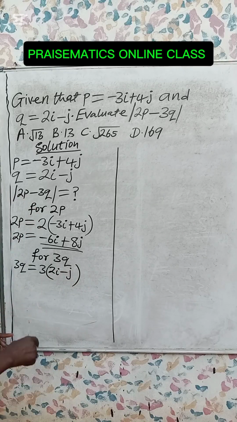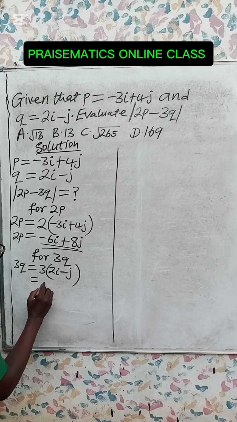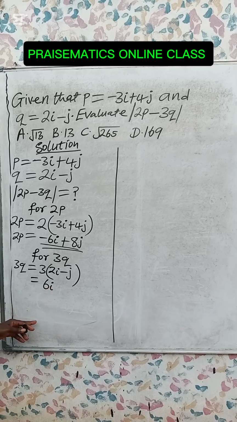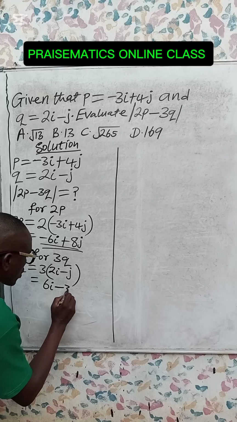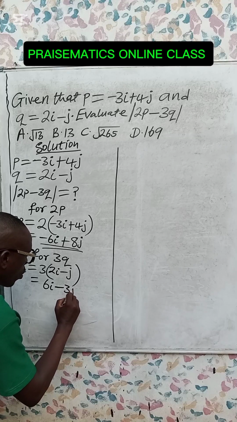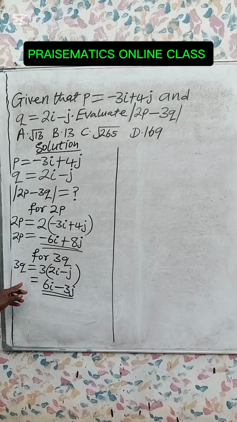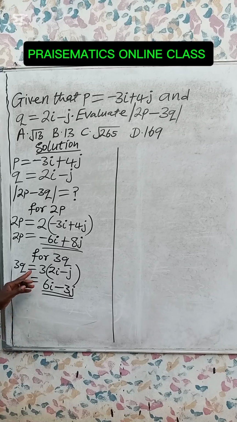We multiply the bracket: 3 times 2i gives 6i, that is 6 in the direction of i, and 3 times minus j gives minus 3 in the direction of j. So the value of 3Q is 6i minus 3j.